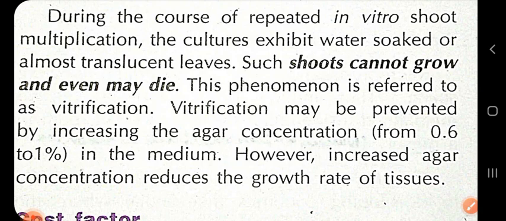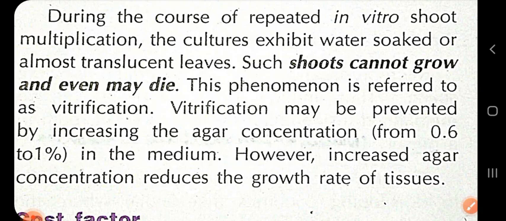Vitrification can be prevented by increasing the concentration of oxygen in the medium from 0.6 to 1%. So if I increase the agar concentration in the culture medium, then we can minimize the vitrification phenomenon.